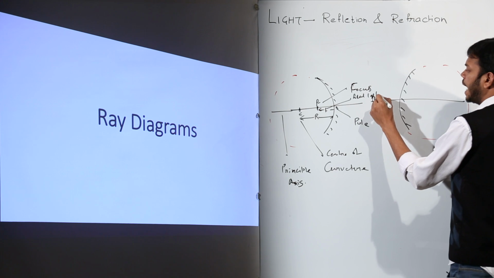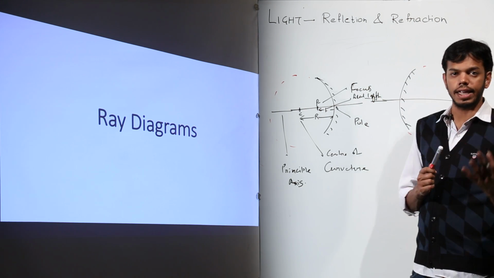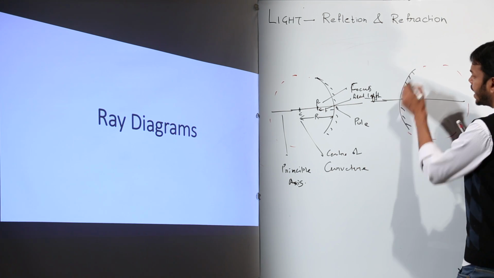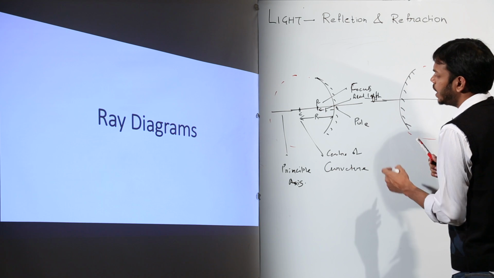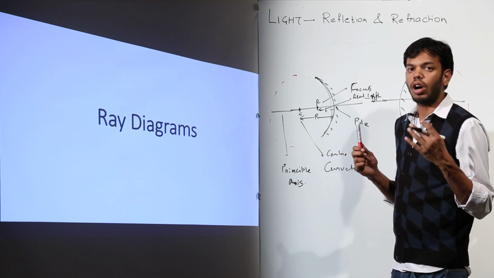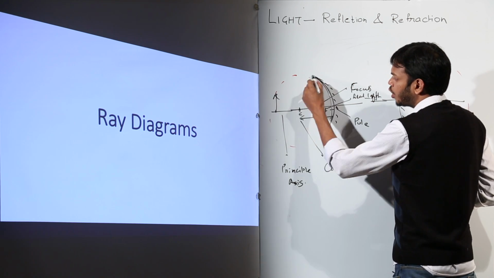This is absolutely true in case of mirrors as well as in lenses, both the mirrors and both the lenses, that means convex and concave. In here, the only difference is that the object is placed always in front of the mirror.